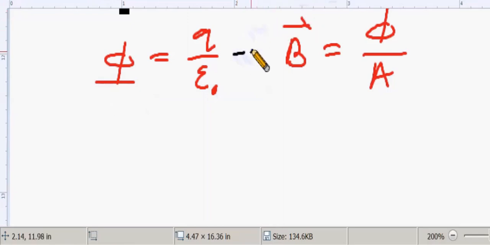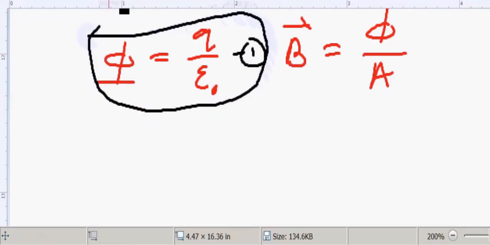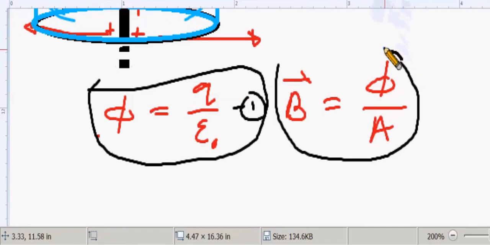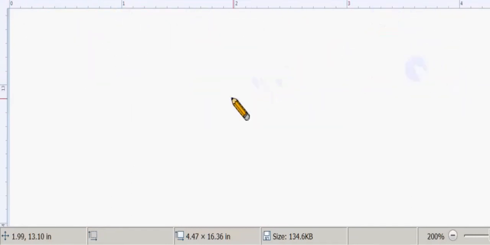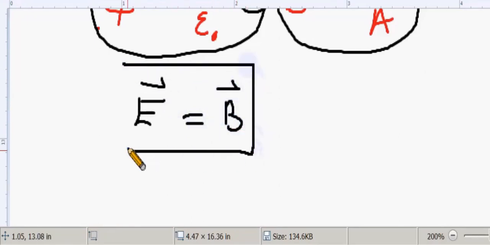This one is 1, flux. What is flux? Then this one is second one, flux density. Third one, field strength equals anytime flux density of the same place. This is the third equation.